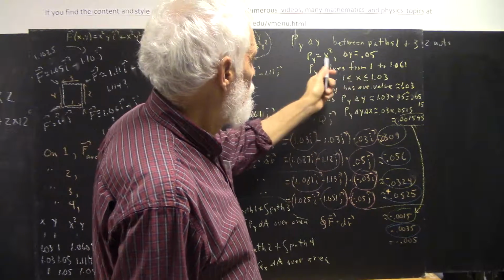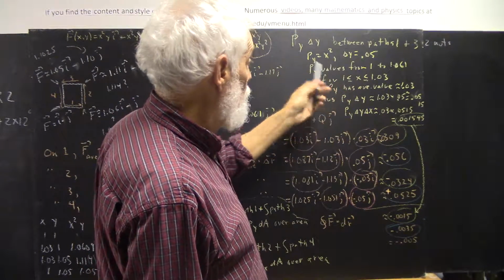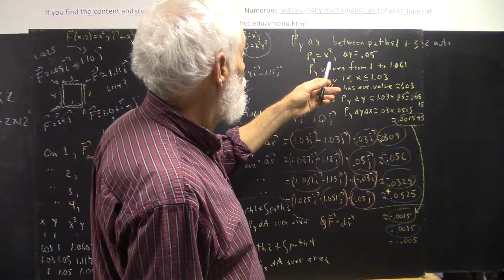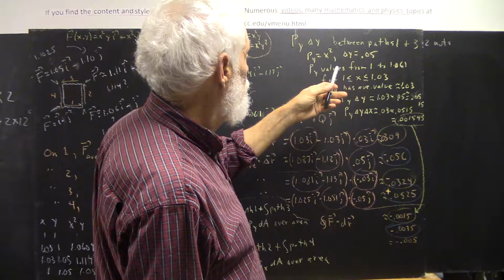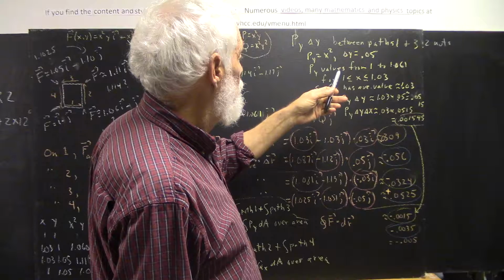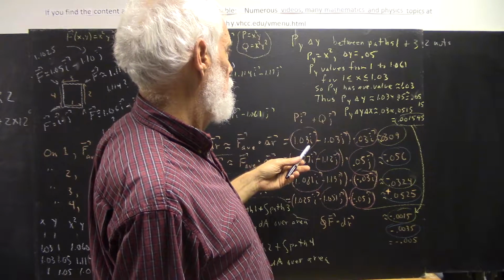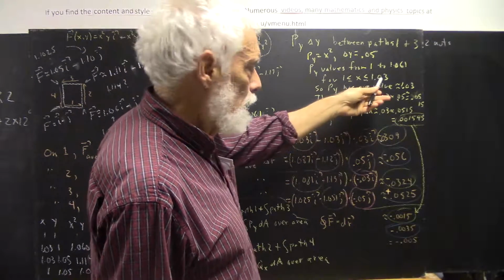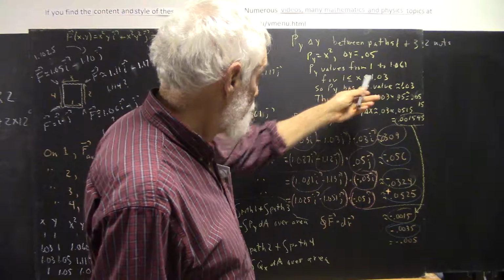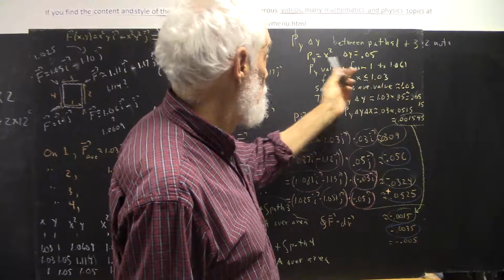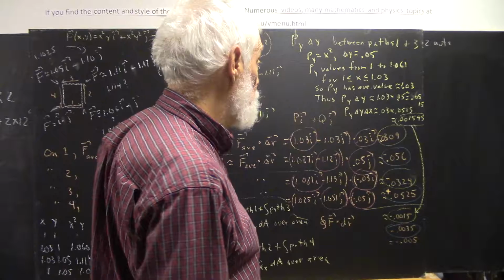When x is 1, P sub y is 1. When x is 1.03, P sub y takes a value 1.03 squared, 1.061.